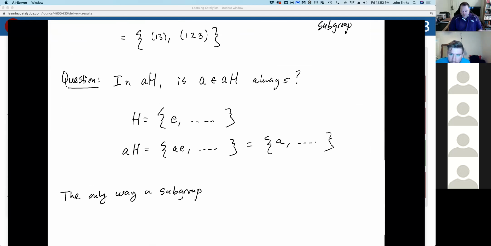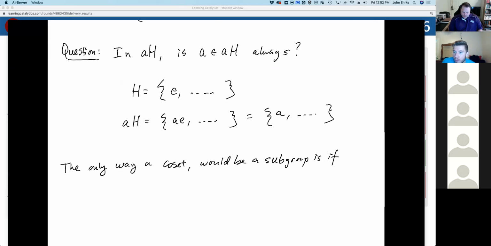So the only way a coset would be a subgroup is if AH is equal to EH, where E is the identity of G. I'm going to add a caveat: potentially, for right now.